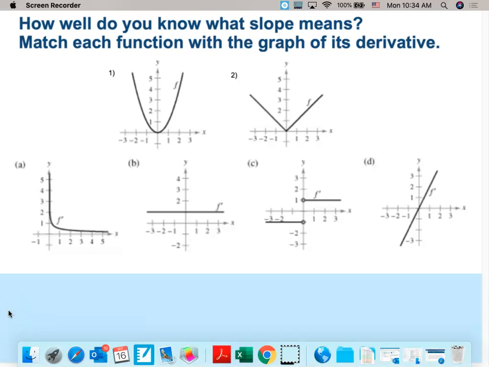Down here, I have 4 derivative graphs. Your job as a group is to figure out which derivative goes with each function, all right? And remember, your keyword is slope. The derivative gives you the slope, all right? Do we want to put the answers on our whiteboards?